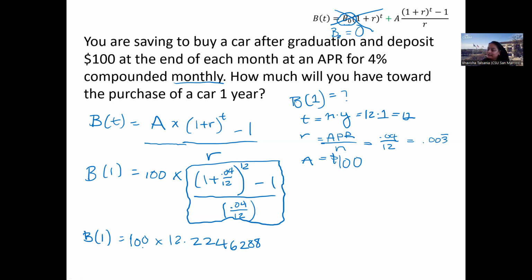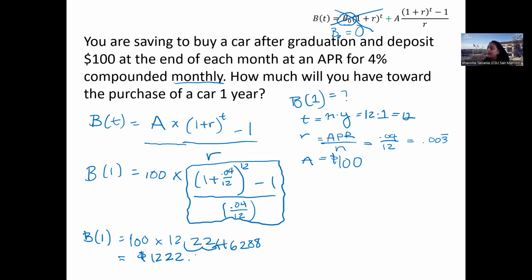So when you do that, you should get 100 times 12.2246288. And that, of course, is just moving the decimal place. Whenever you multiply by 100, you're moving the decimal place two times, because it's going to get bigger.